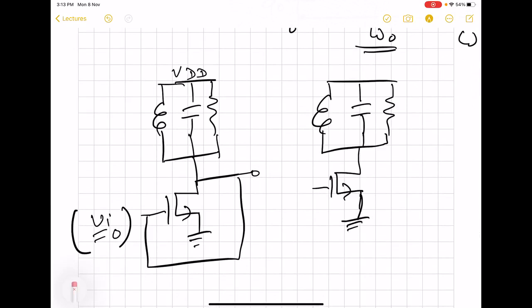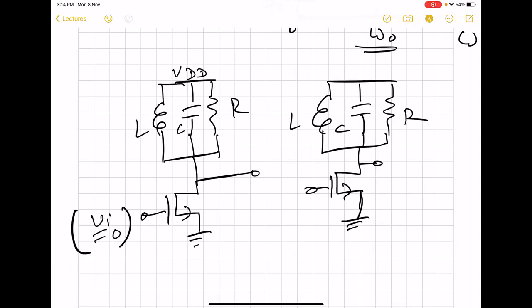so we have one more tuned amplifier, and this is also going to offer 180 degree at omega naught, and the second one is also going to offer 180 degree, and both of course have the same load network. Then only they will be able to offer the resonance at the same frequency. So there will be 180 degree phase shift from input to output, 180 degree from this input to this output.